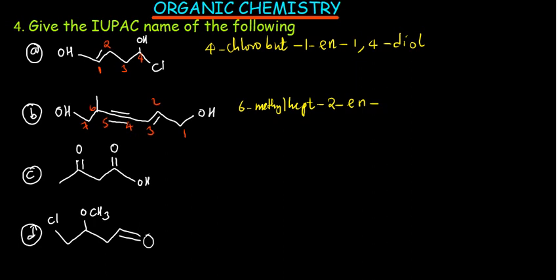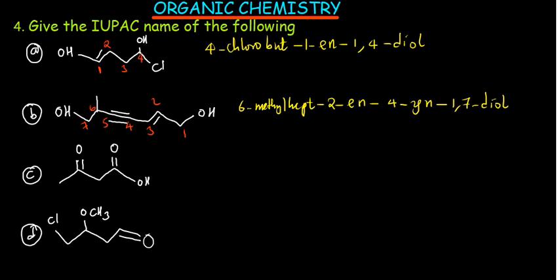Put a dash, and then state the position of the triple bond, that is at position number 4, and then a triple bond, that is an alkyne. I'll put YNE, but this is not the parent name. I'll still remove the E from there, and then put another dash, and then state the position of the hydroxides, position number 1, and then position number 2, and then put di-O at the end. So that is going to be the name of this compound.